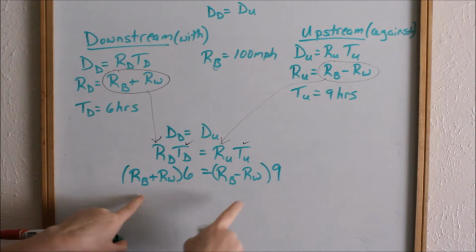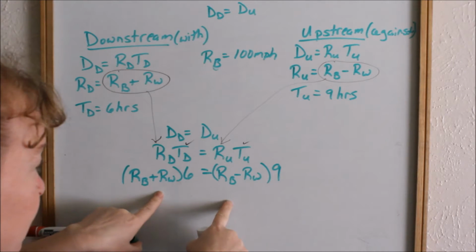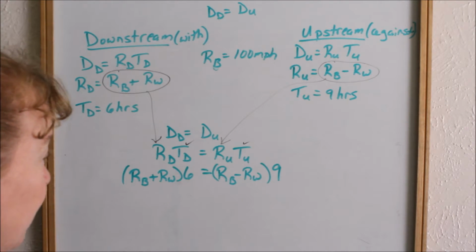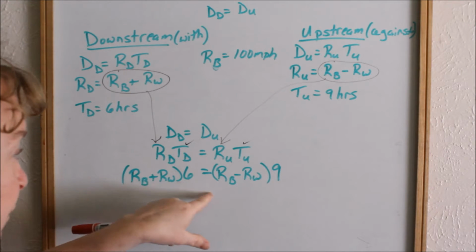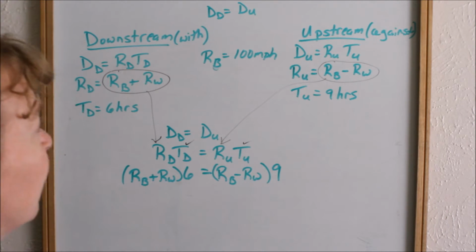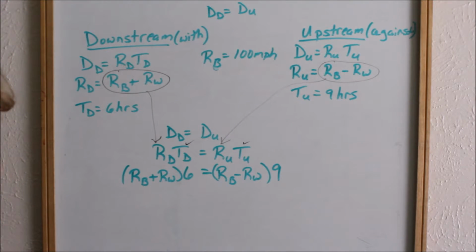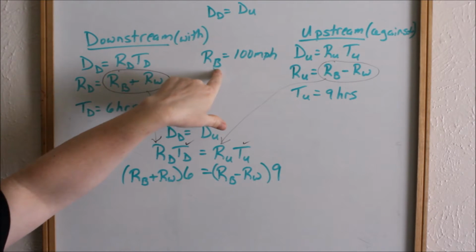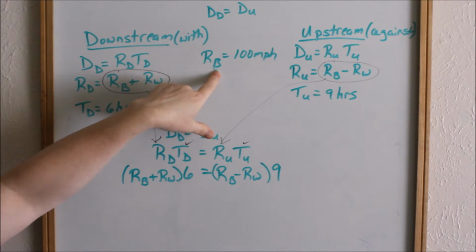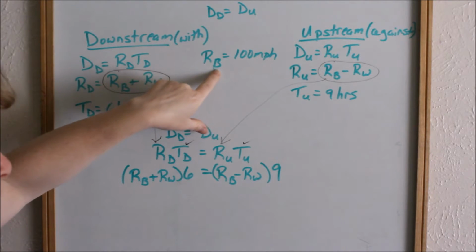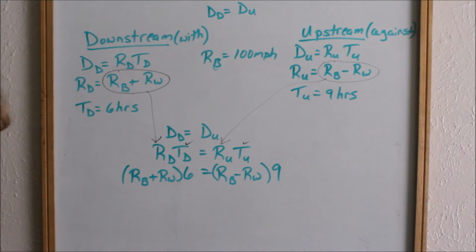Okay, so we still have two unknowns. We have one equation, but we have two unknowns. So either you have to know more information or have a second equation. Well, let's go back to more of the information that we were told. So we were told that the rate of the plane, I'm just using the boat subscript, the rate of the plane is 100 miles an hour.